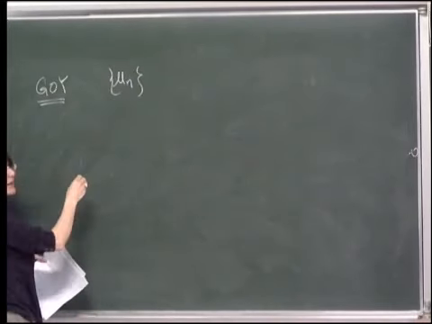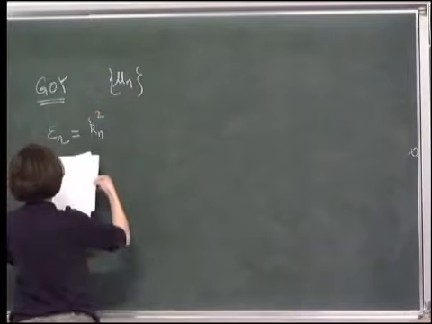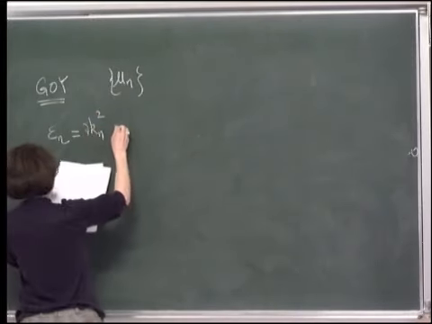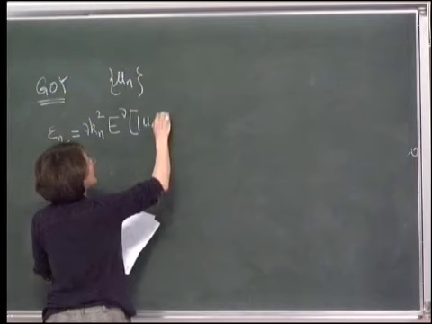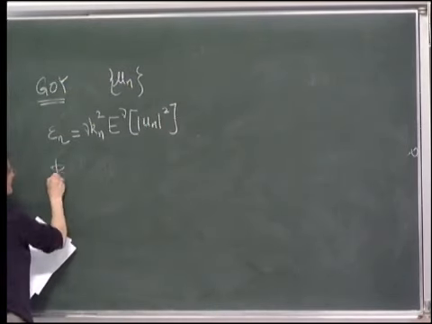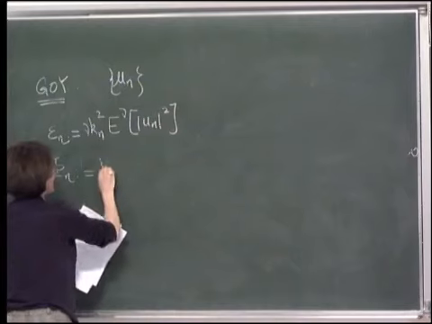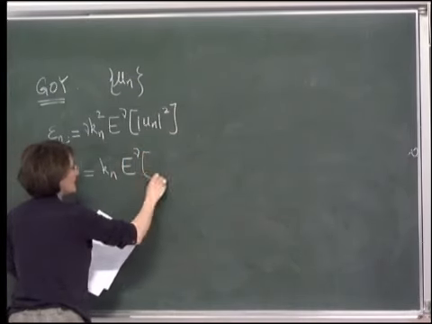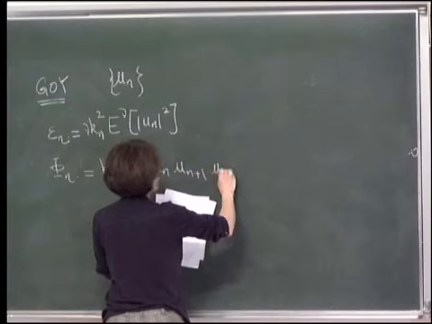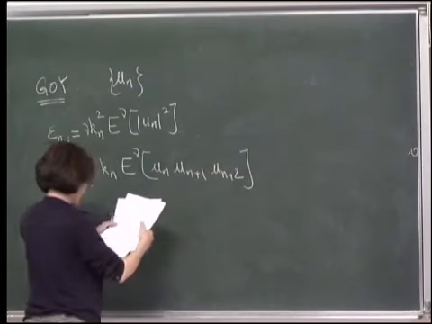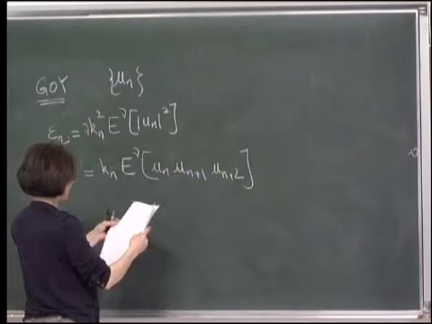And now let me write down, if I define epsilon_n equal to k_n squared times nu times the expected value with respect to the invariant measure of u_n squared, and if I define phi_n as k_n times the expected value of u_n u_{n+1} u_{n+2}, this is wrong, because I am working on the dyadic model.